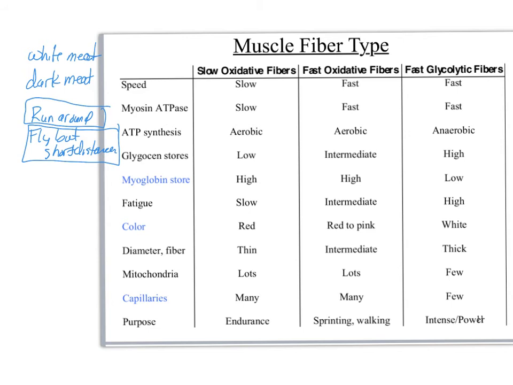So we can think about these then in terms of oxidative patterns. Slow oxidative and fast oxidative are both going to use aerobic respiration, so you can see right here. Whereas fast glycolytic is going to use anaerobic glycolysis and creatine phosphate.